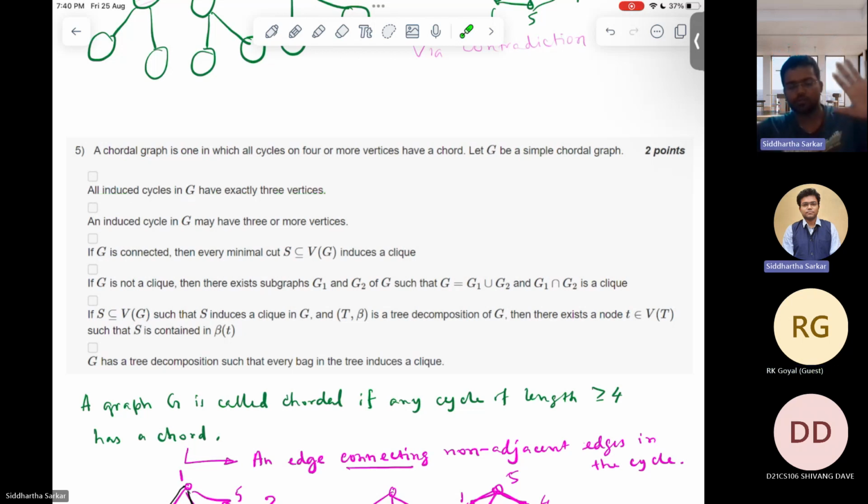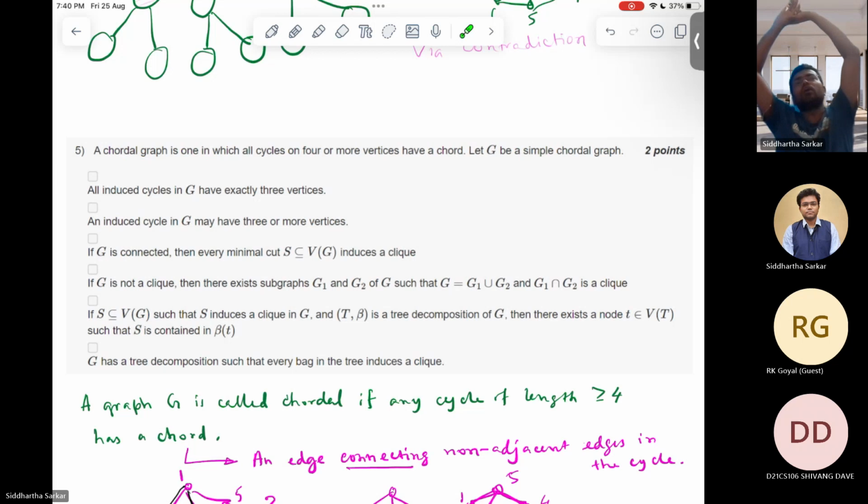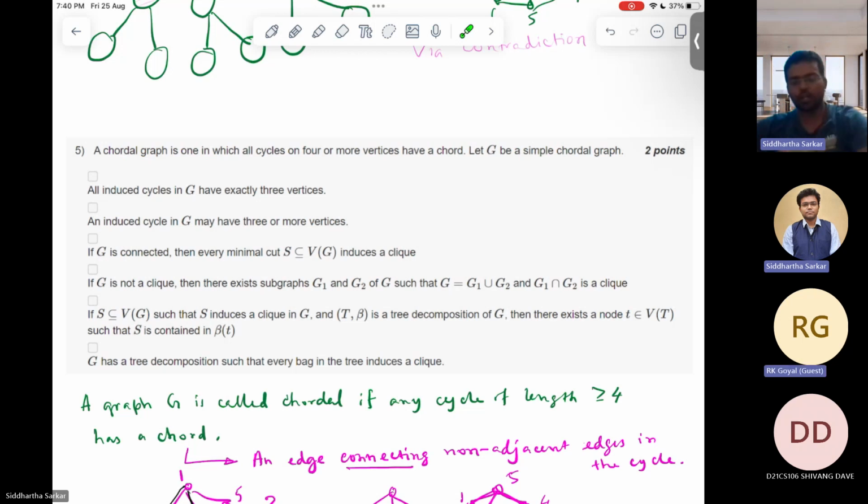Induced cycle means you have chosen a set of vertices. The definition of an induced graph is that you choose a set of vertices from the vertex set, and all the edges among these chosen vertices have to be taken.